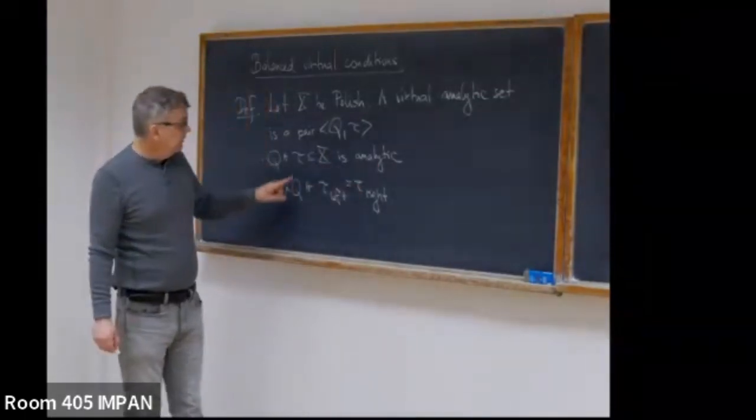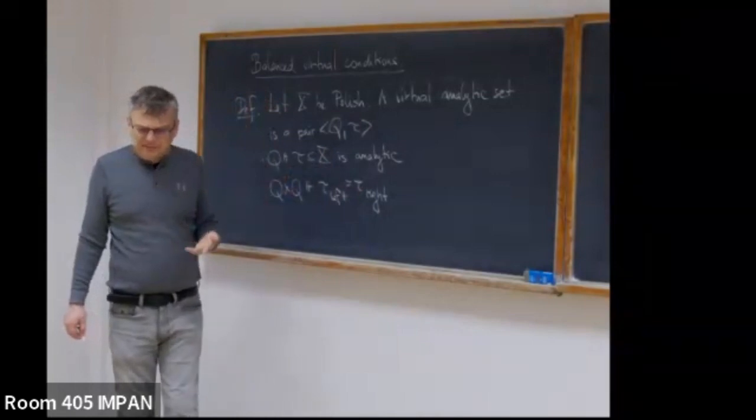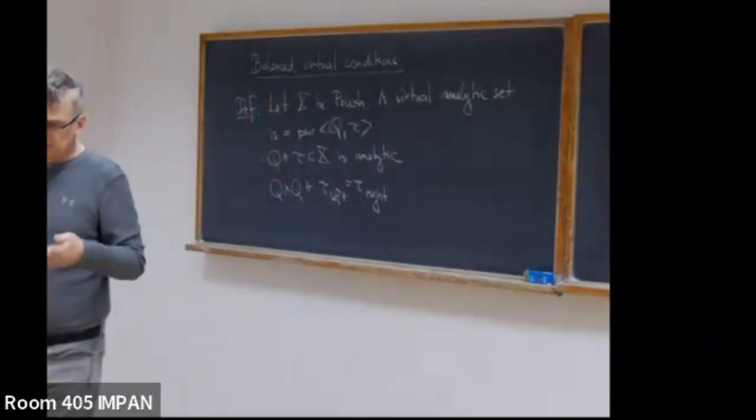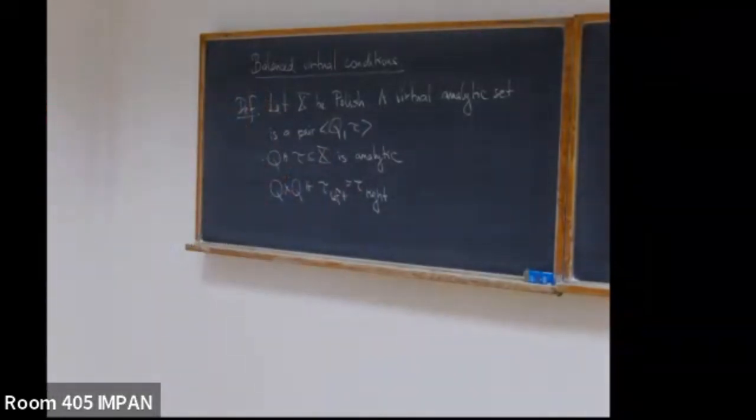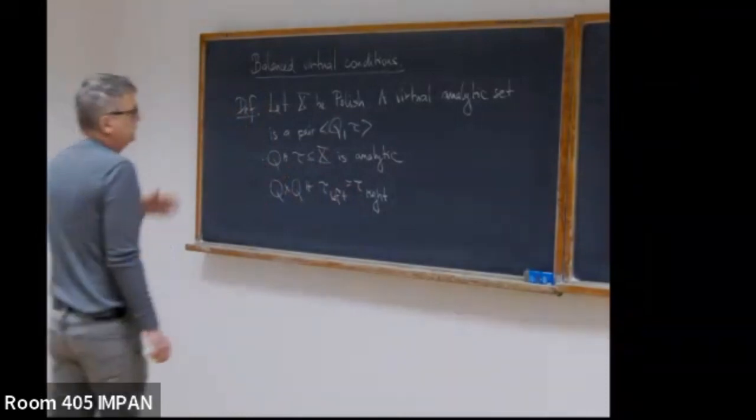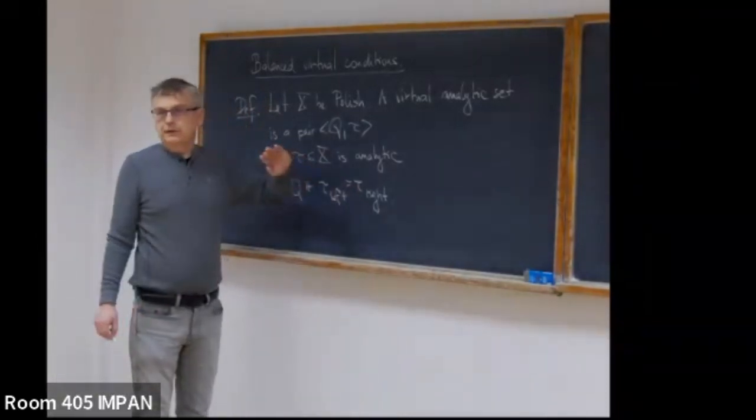What I really mean is that tau is a name for an infinite binary sequence, which indexes a section of some fixed universal analytic set.